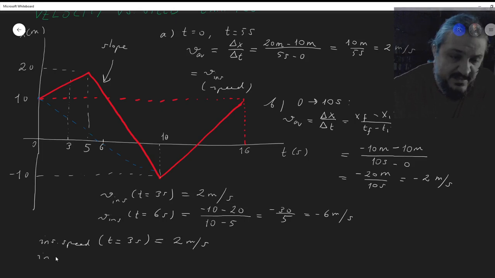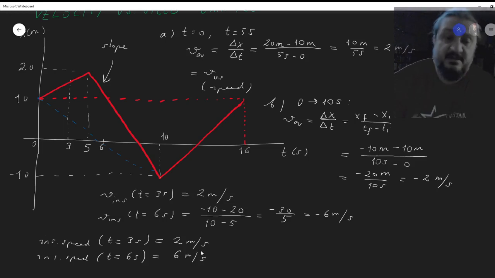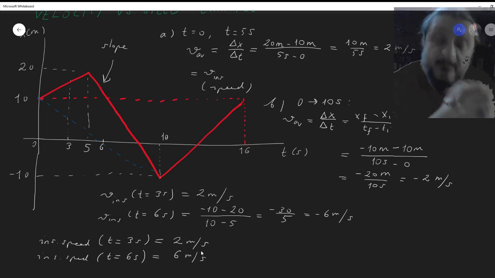But the instantaneous speed when t is 6, 7, 8, 9, 10, in that interval, pick any time in that interval. So let's say when t is equal to 6 seconds, the speed will be just the absolute value of the value we found earlier, which is just 6 meters per second, because speed is always positive.